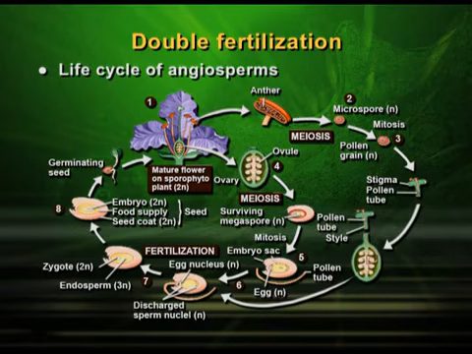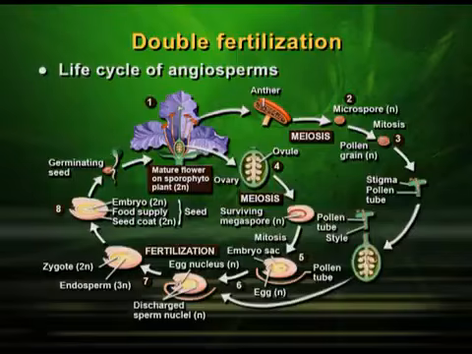It has embryo, it has food supply, it has seed coat, and when this seed germinates, then it produces the mature flower or mature plant again. So, you can see the life cycle of angiosperm. It started with 2N, became single N, and again became double N.